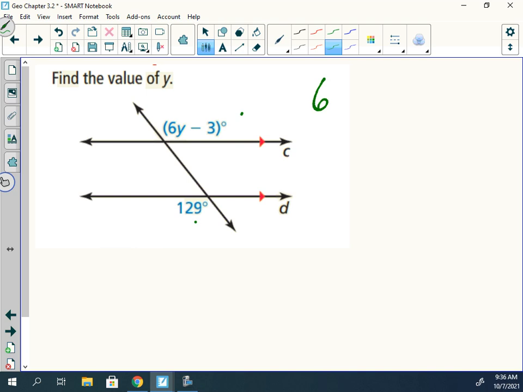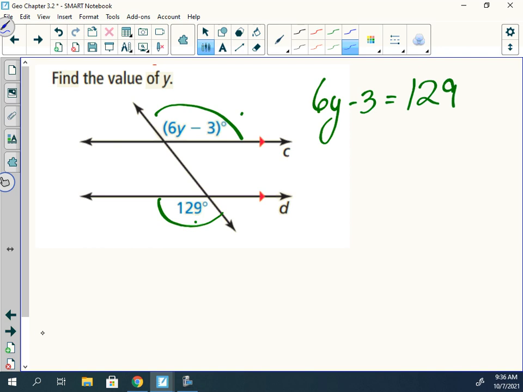So that means for us that 6y minus 3 is equal to 129. They're going to be the same measure. So even if 129 was an actual equation, like 2y or 5y minus 7, we could still set those two equal to each other because they are the same.